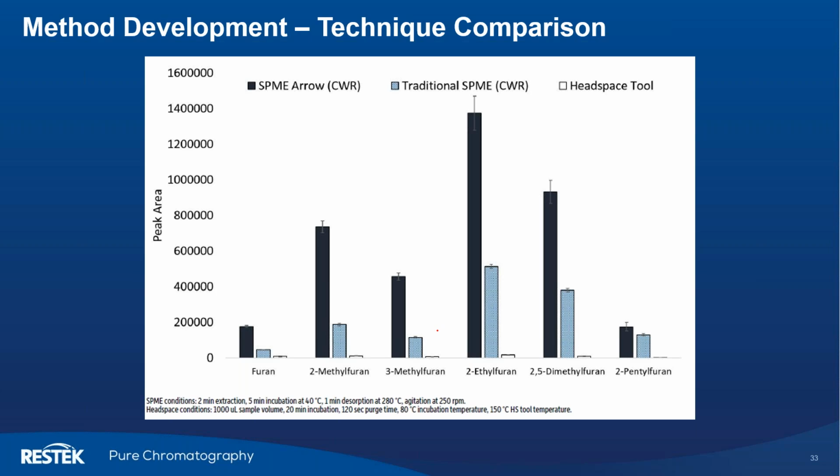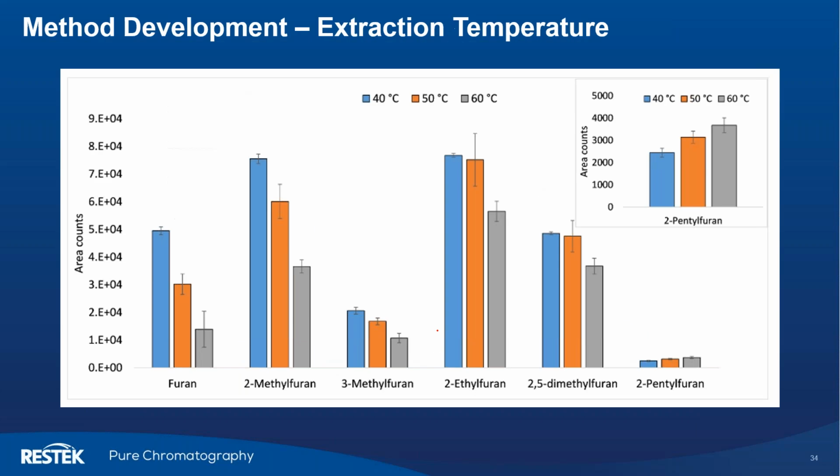So once we identified that the carbon wide range arrow was going to work very well for us, we then moved into assessing the extraction temperature. So you can see how we evaluated the extraction temperature. We looked at 40 degrees Celsius, we looked at 50 and 60 degrees. And you can see from this that the 40 and the 50 were fairly close.